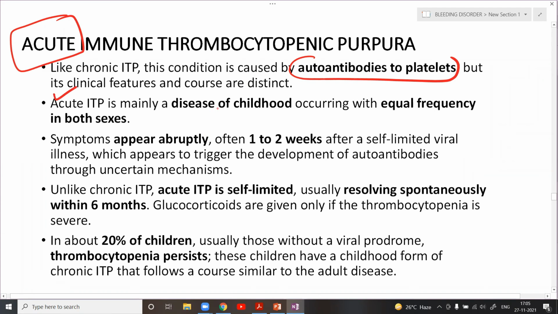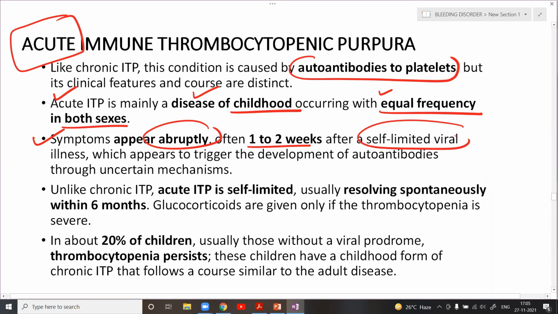Chronic was more common in adults, whereas this is more common in childhood. Chronic was more common in females, whereas this occurs with equal frequency in both sexes. The symptoms appear abruptly over here, whereas they were more gradual in chronic. And they occur 1 to 2 weeks after a self-limited episode of a viral infection.